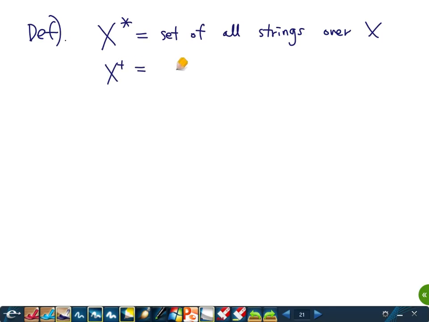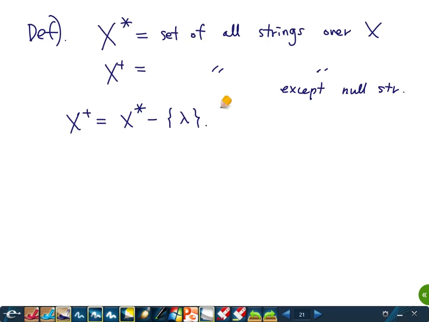X plus is basically the set of all strings, but we don't want to consider the null string. The set of all strings over X except the null string. In other words, X plus is X star minus the null string lambda.